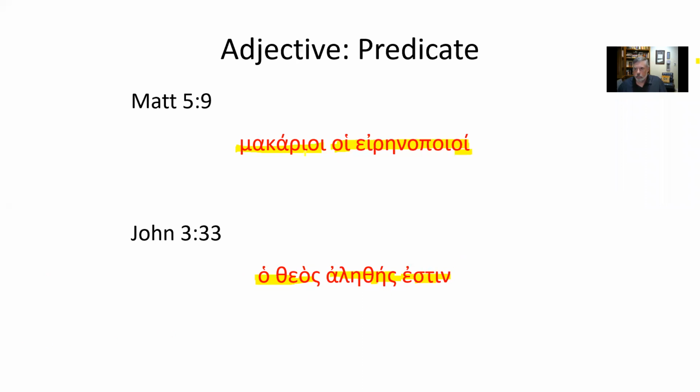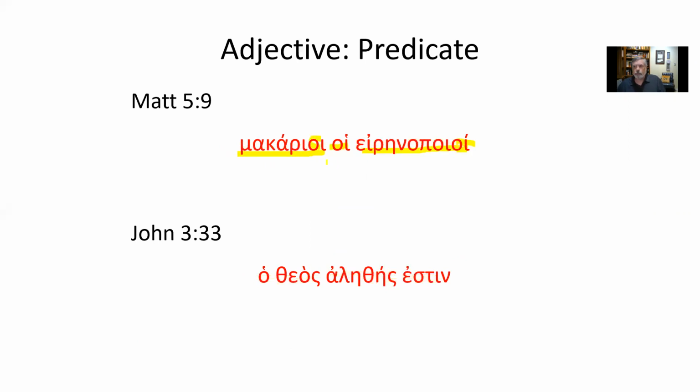Okay, so let me clear all this and start over. Makarioi, there's the oi, a nominative plural. There's the article, nominative plural, hoi. Makarioi, hoi eirenopoioi. Well, there's a nominative plural.